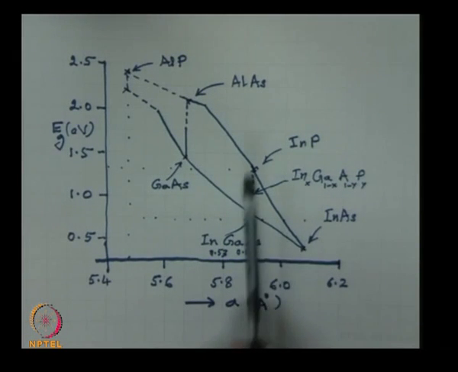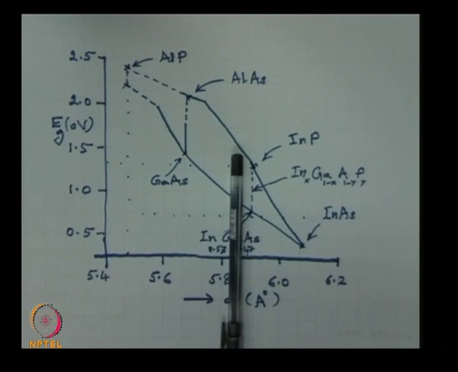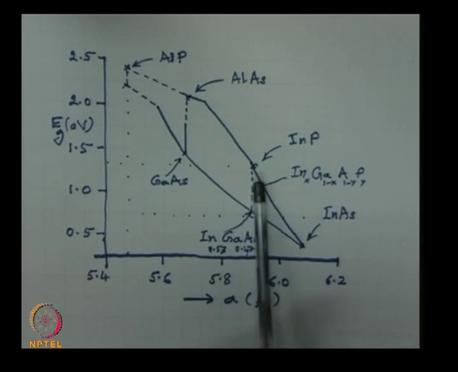And this particular line here represents indium gallium arsenide phosphide, which is lattice matched to indium phosphide.